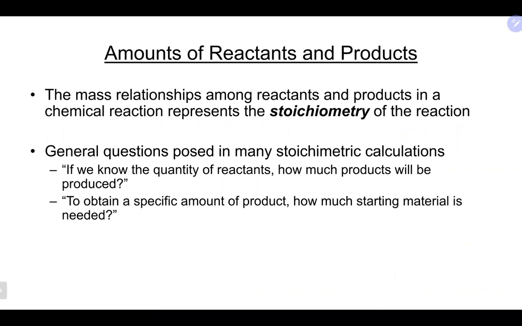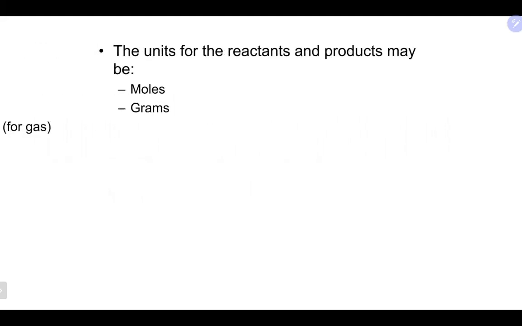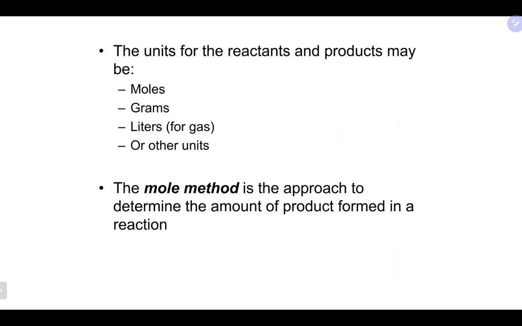So it is all based on a balanced equation. So whenever you do a stoichiometry problem, it's got to always start with a balanced equation. Otherwise, all the calculations are going to be incorrect. So let's take a look at an equation here.